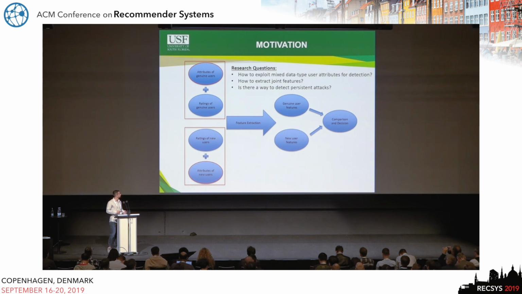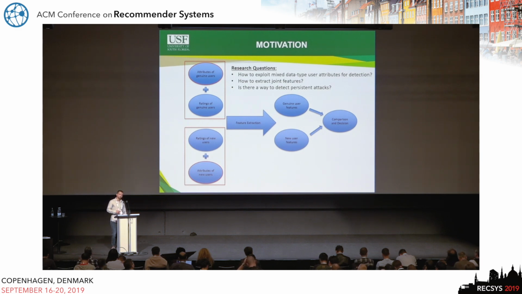Most of the user attributes are of mixed data type, including real-valued and categorical-valued attributes. So how can we exploit these mixed data type user attributes to improve attack detection? And since we have multiple data, how can we extract features that can represent jointly both ratings and mixed data type user attributes?